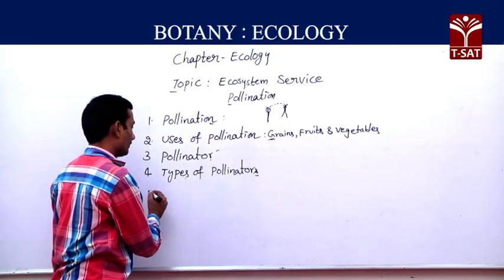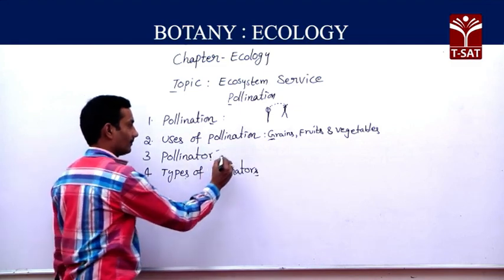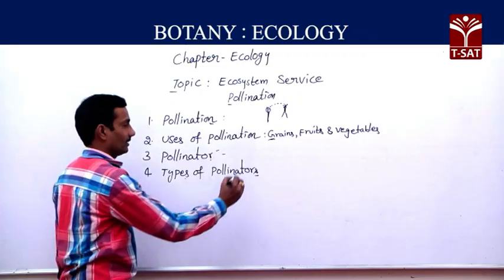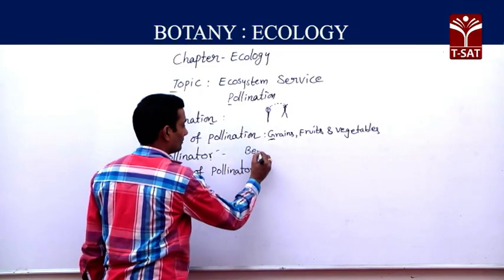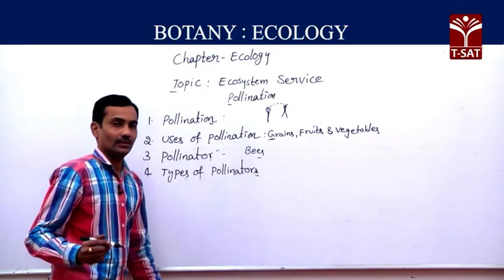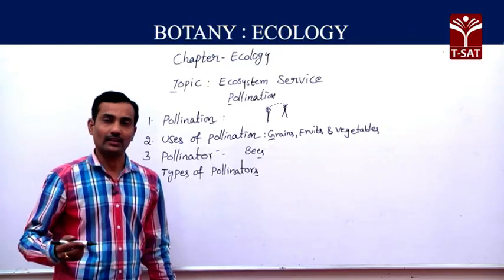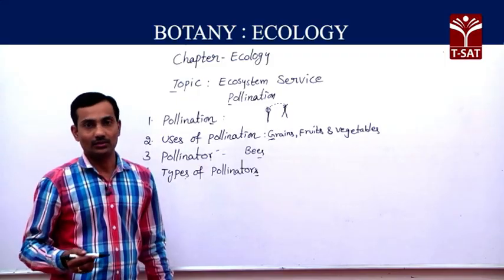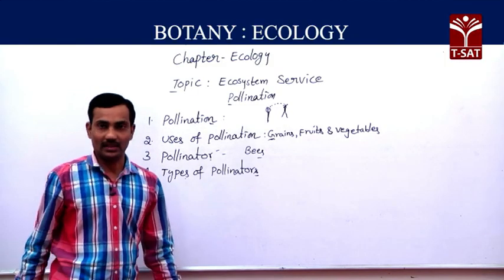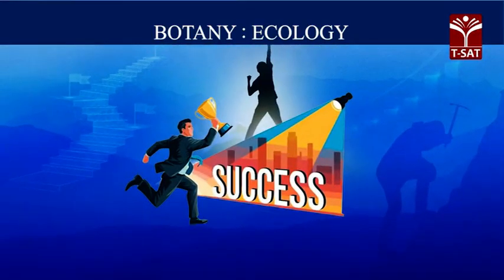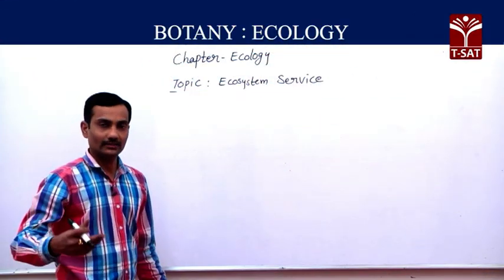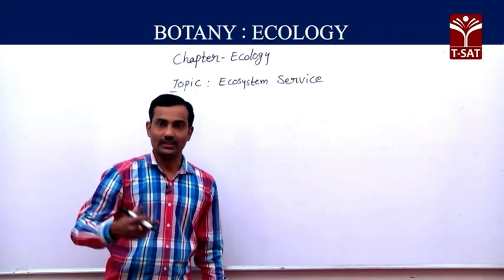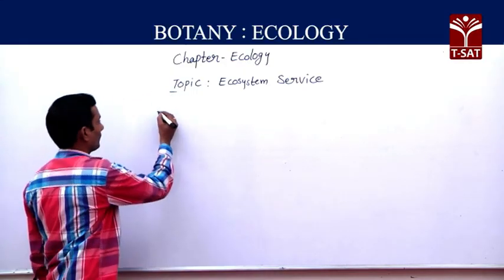The major pollinator involved in the pollination mechanism is bees. Bees participate in a larger amount in the pollination mechanism in different places. Now, how is pollination contributing in different places to increase agricultural yield?